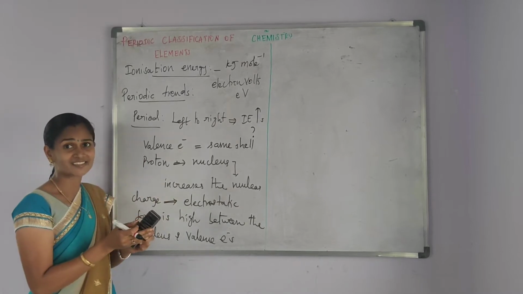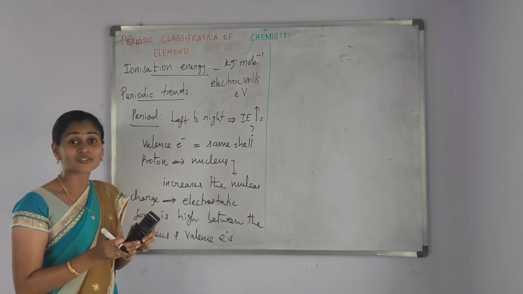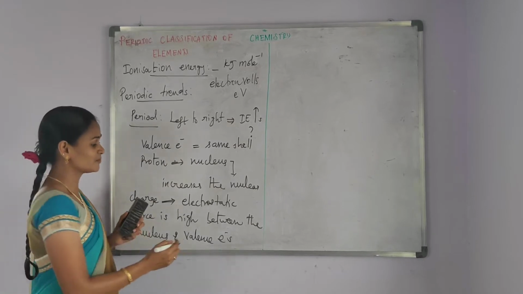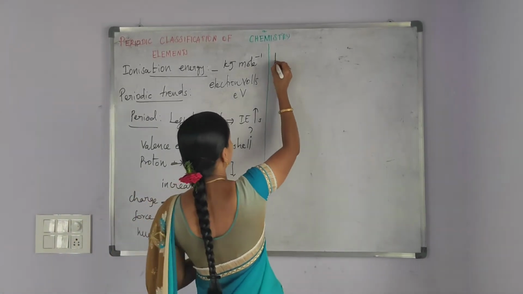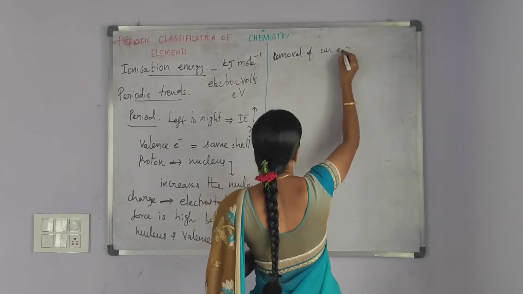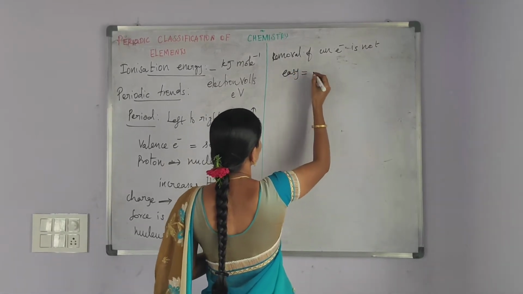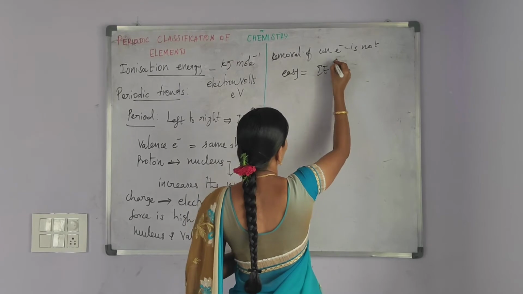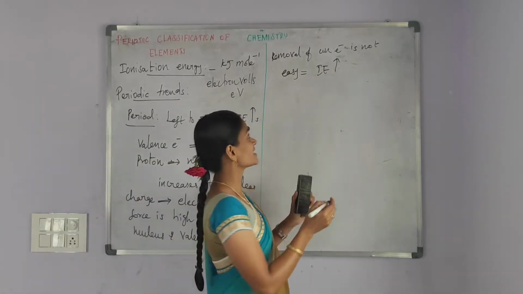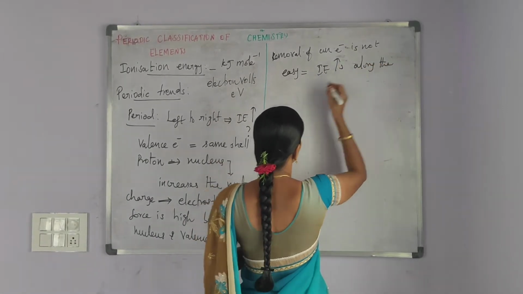It increases the nuclear charge. It leads to the increase in electrostatic force between the nucleus and the valence electron. So, removal of the electron is not easy. It requires a higher amount of energy for the removal of the electron. So, ionization energy increases along the period.